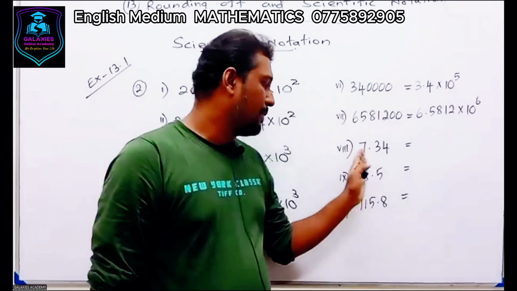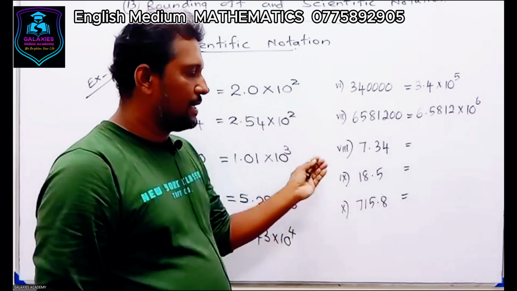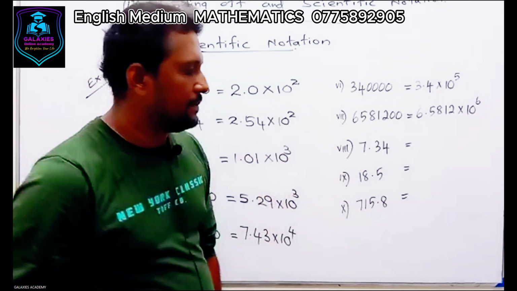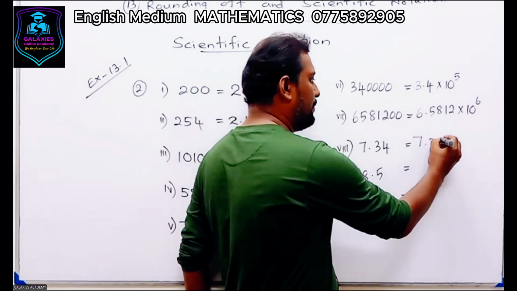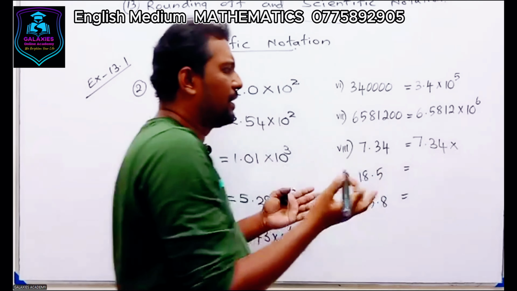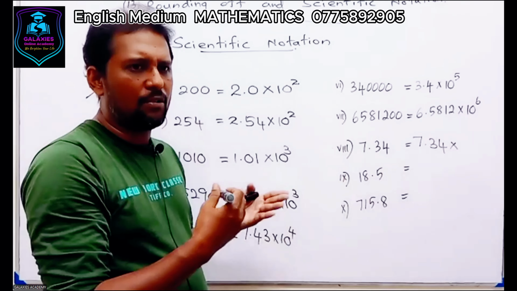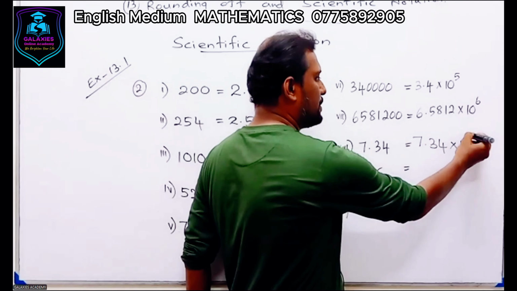Right? Then next one, look at 7.34. The first digit of this number except 0 is 7. So we have to keep the decimal point after 7. 7.34. No need to change the decimal point, no? So how many places do we have to move? 0 places. 10 to the power 0.